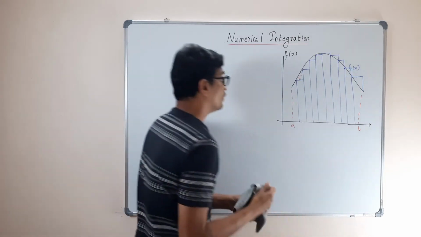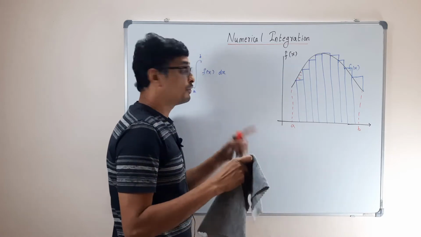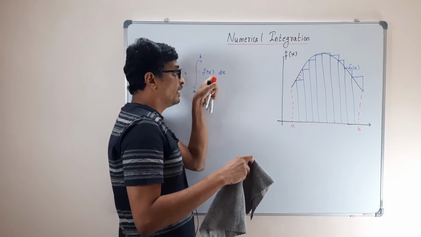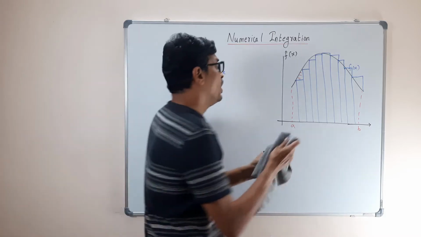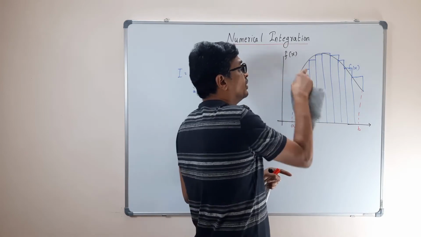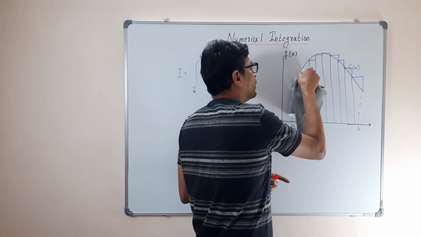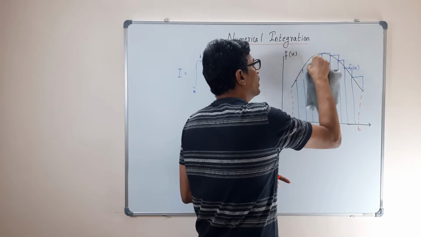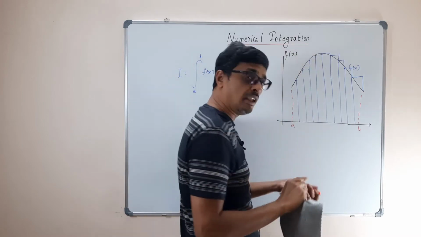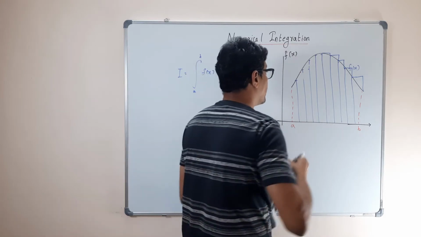So instead of interpreting this integrand as a polynomial of degree 0, where you need only 1 point, let me interpolate the function in between the interval as a polynomial of degree 1. Degree 1 is a straight line.